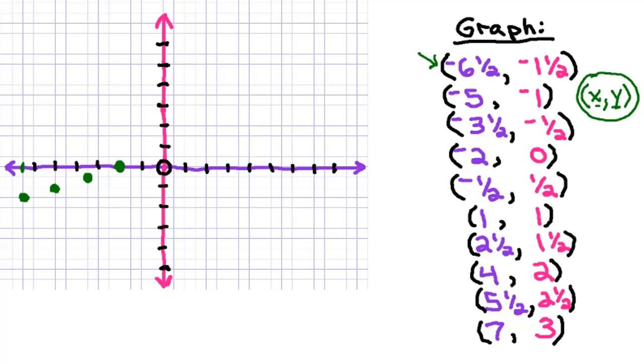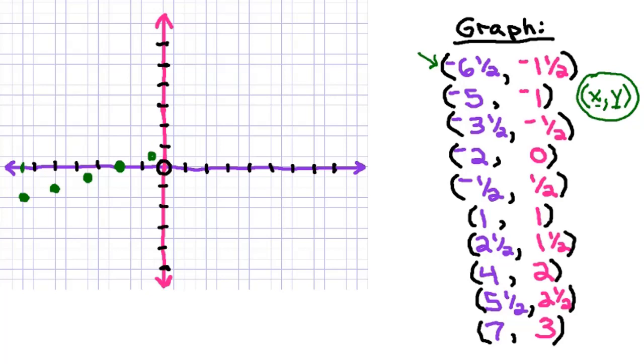Now your next set of values is -1/2 and +1/2. So on your x-axis, you're going to go -1/2. So you're going to count 1/2 to the left of the 0, and then you're going to go +1/2 on the y-axis. So you're going to go up 1/2 on the y-axis.